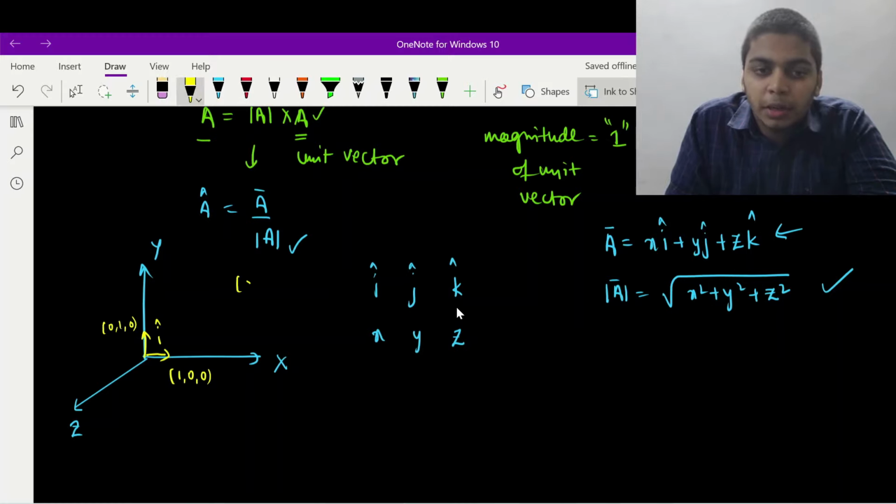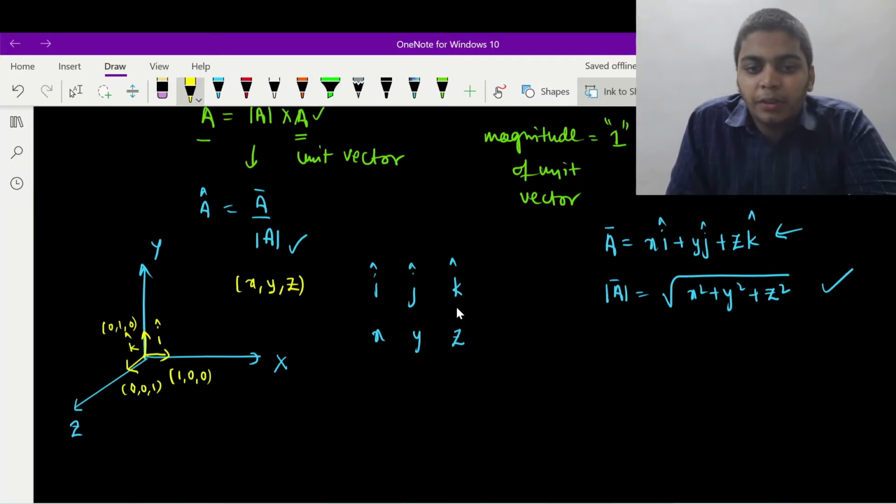Your general coordinate in 3-dimensional axis is x comma y comma z, right? And if any vector is along the z-axis and one unit of that vector is the unit vector, that is k cap, going from origin to 0 comma 0 comma 1.